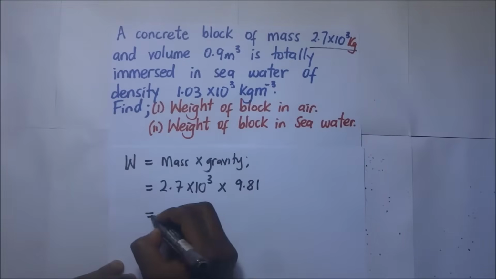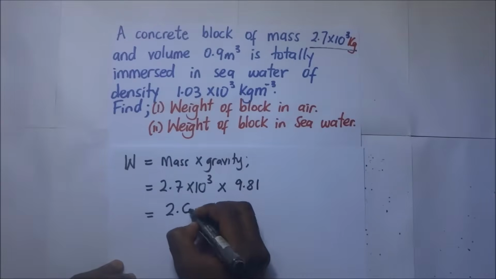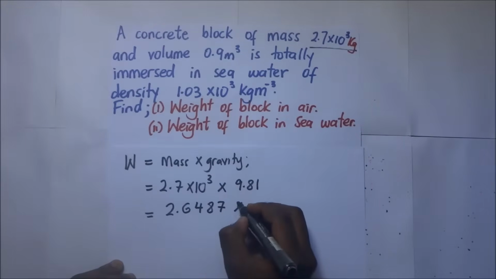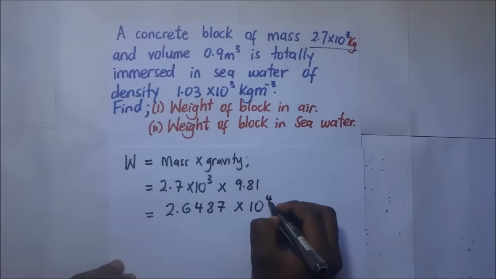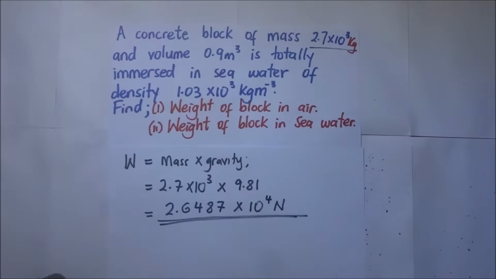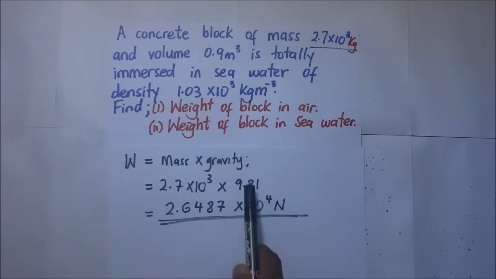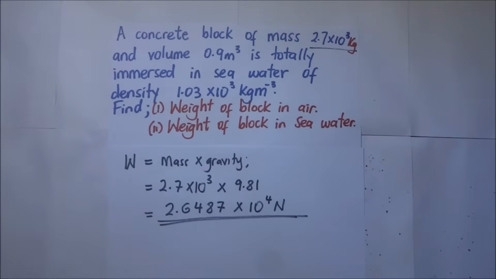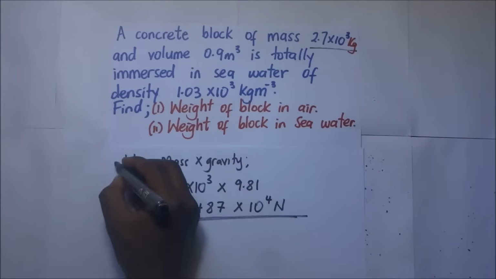So this is going to give us 2.6487 times 10 to the power 4 newtons. So that is the weight of the block in air. Unless otherwise stated, in all my videos, the value for gravity will always be 9.81. So that's Roman 1 answered.